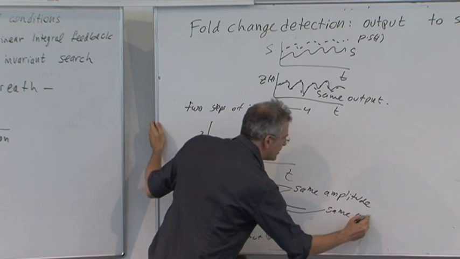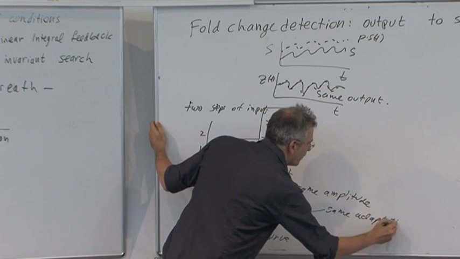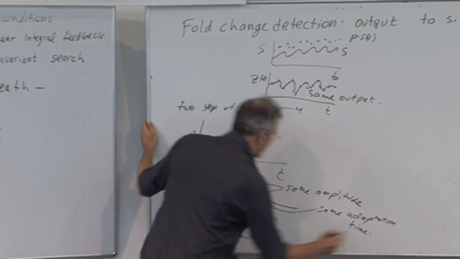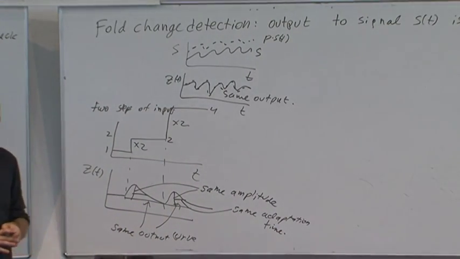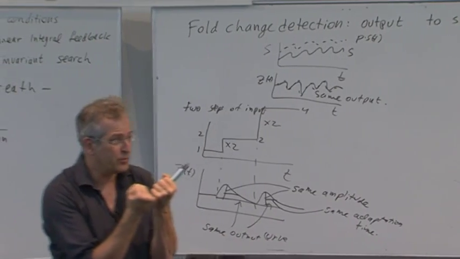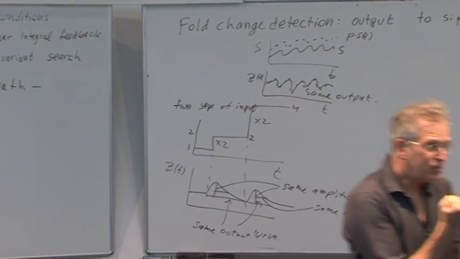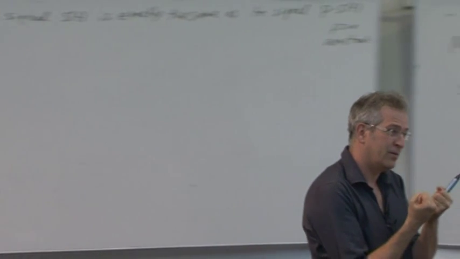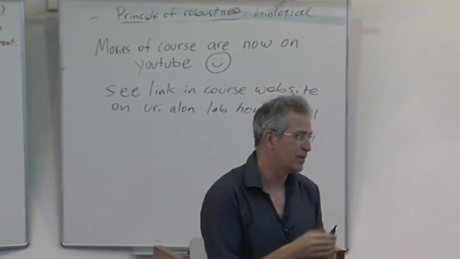Same adaptation time. Same everything. Same steady state. That's the property of fold change detection. It's a tough property, those of you who know dynamical systems. Not many dynamical systems can do this. So it's a big constraint.